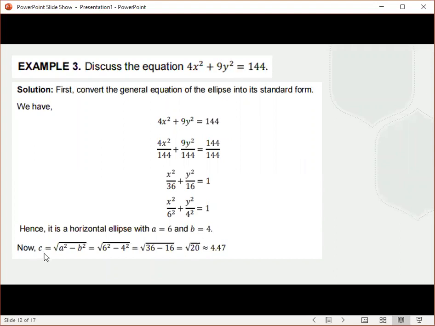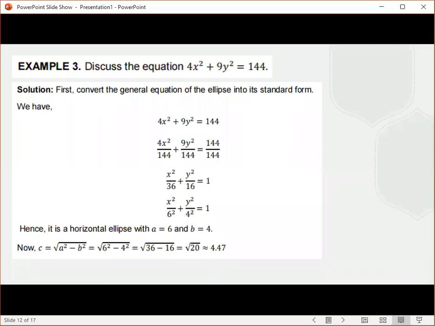Now, calculating for the value of C, C is equal to the square root of A squared minus B squared. A squared, that is 36, and B squared is 16. So the square root of 36 minus 16, you'll get the square root of 20, which is approximately equal to 4.47.